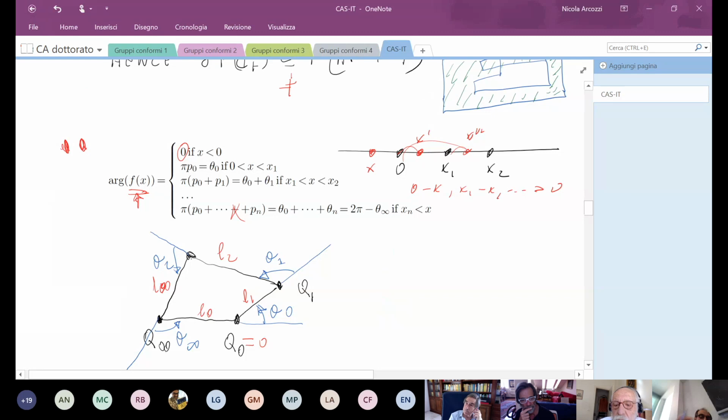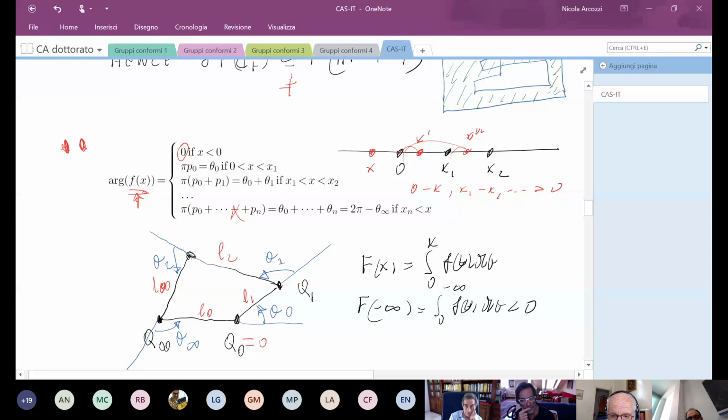When I consider F of x, which is the integral between 0 and x of f of t dt, then F of minus infinity is some negative number, the integral between 0 and minus infinity of f of t dt.